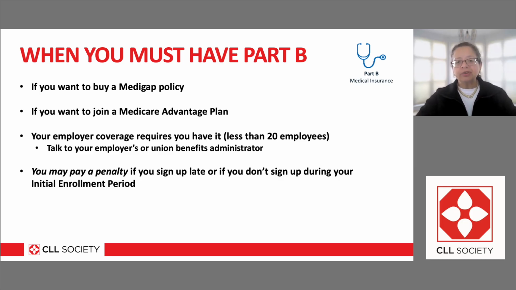If you join a Medicare Advantage plan, Part B will be part of your Medicare Advantage plan. That way you're not using traditional Medicare, you're using an outside insurer like Aetna, United, et cetera, and you're buying your Medicare Advantage plan, which will include Part B, from them.